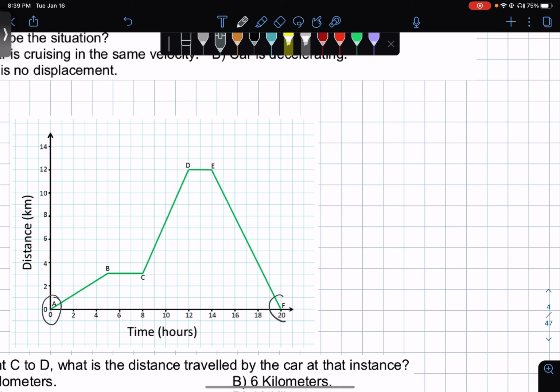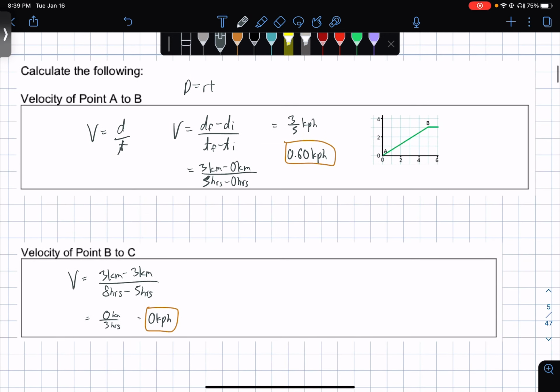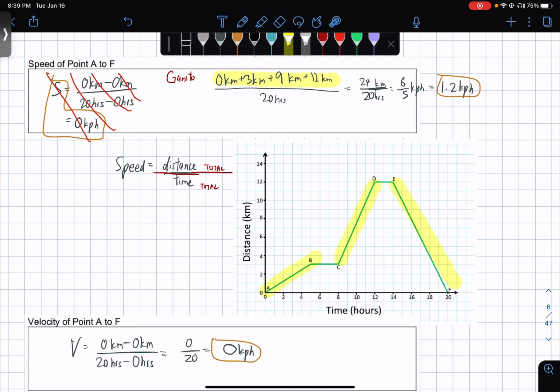But in the context of other scenarios, such as what we're going to have in this video today, the situation is going to be quite different. As you can see here, the speed and velocity from the beginning till the end of the journey are different. Velocity is 0 kilometer per hour, speed is 1.2 kph.